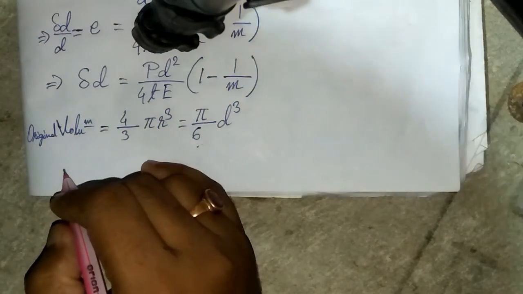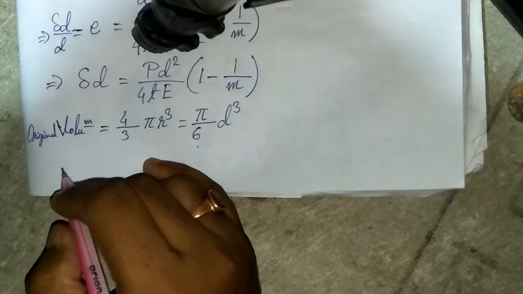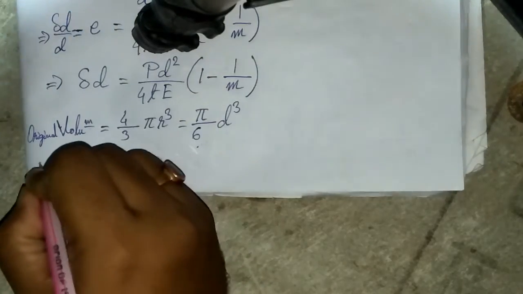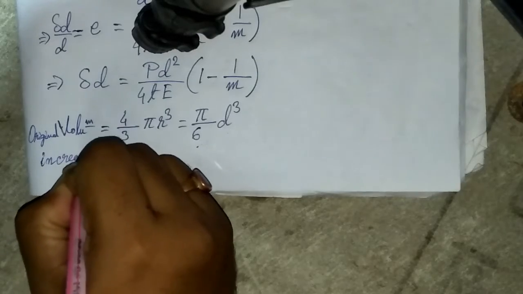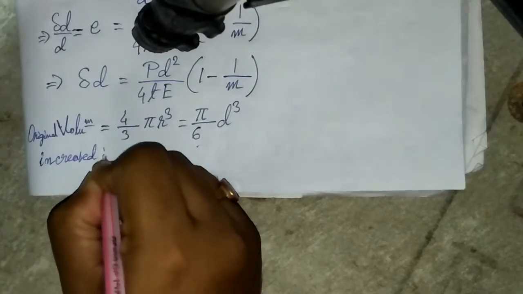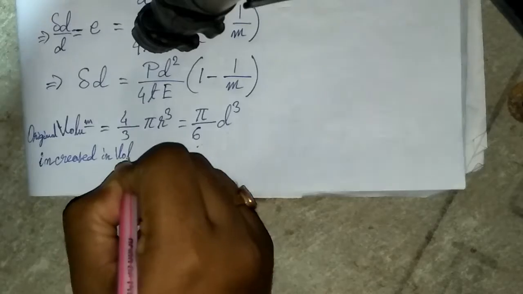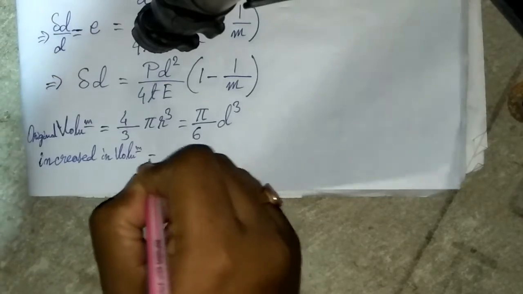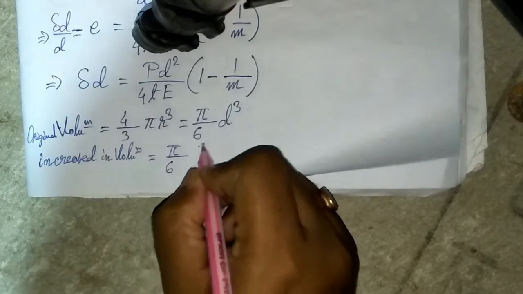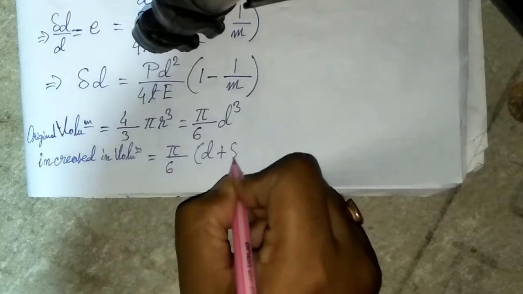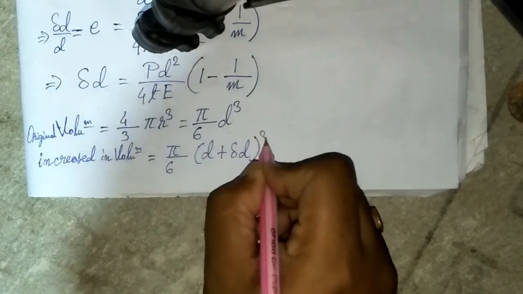So now the increase in dimension, if we write increase in volume, that equals pi by 6 into (d plus delta d) cube.